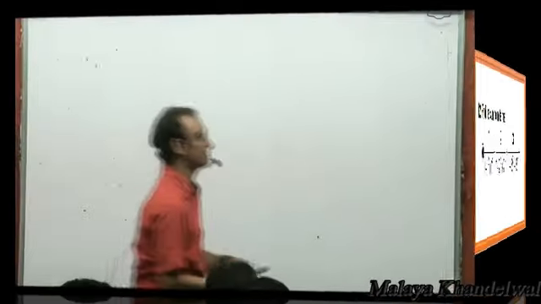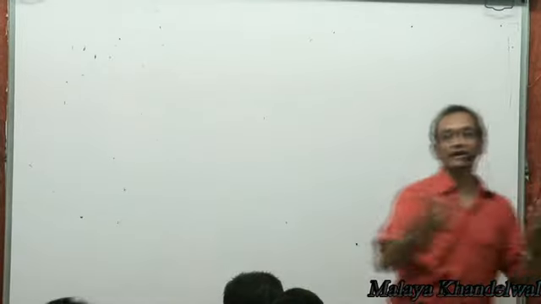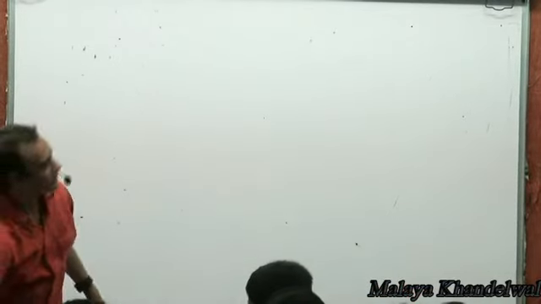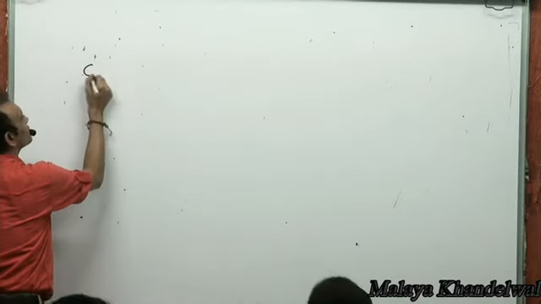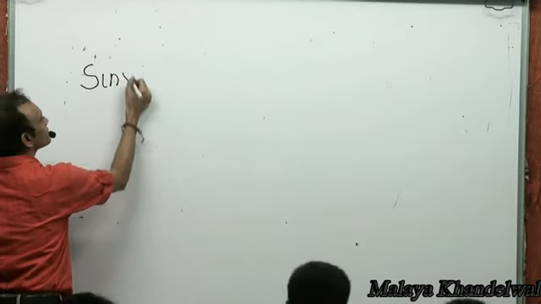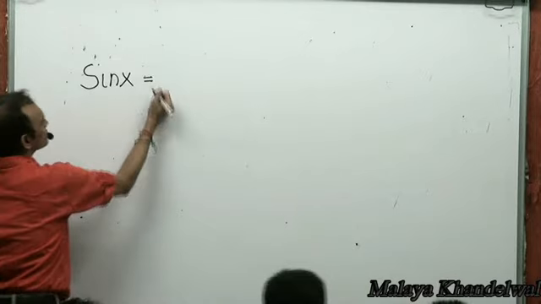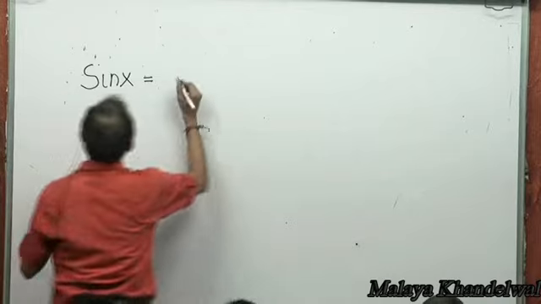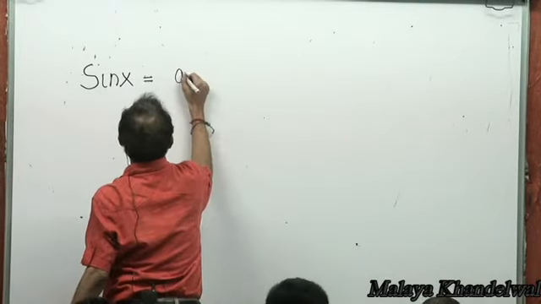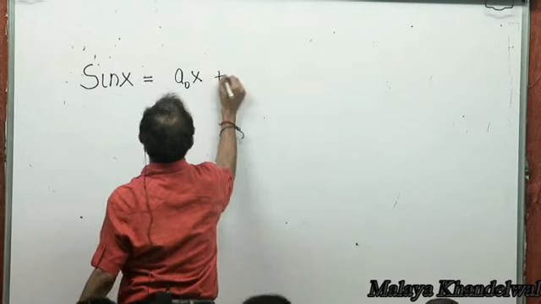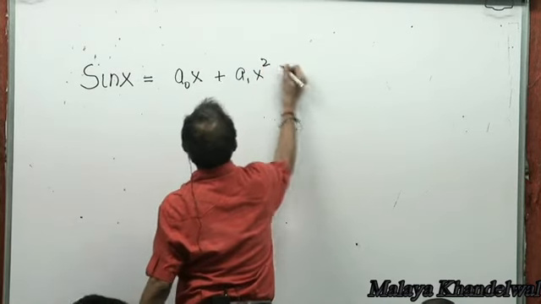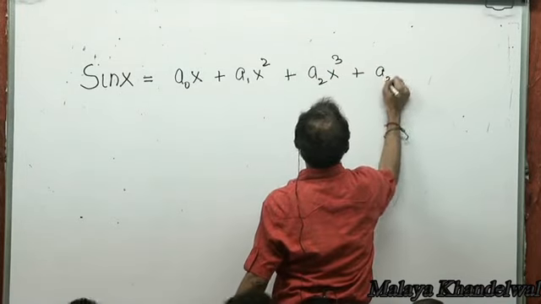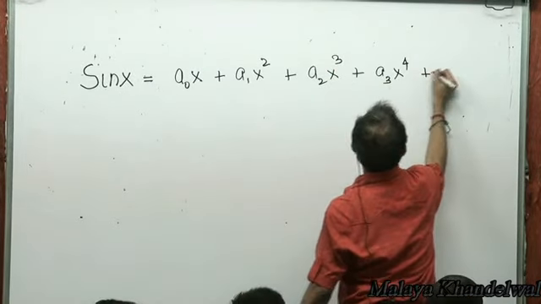Oh, sin x series, okay. All right. Take a little detour. Sin x, hope you understand what I'm going to be saying here, we want to write this as some a naught plus a1x plus a2x squared plus a3x cubed, and so on up to infinity.